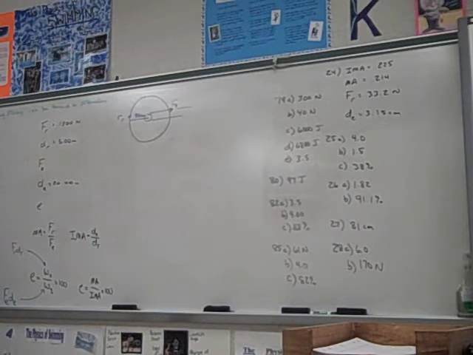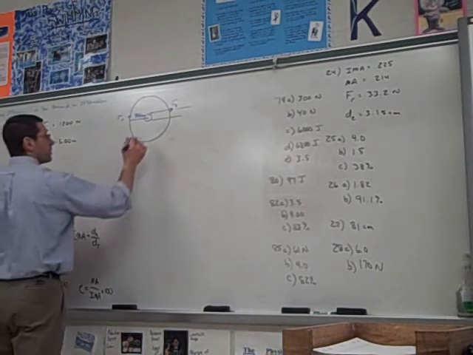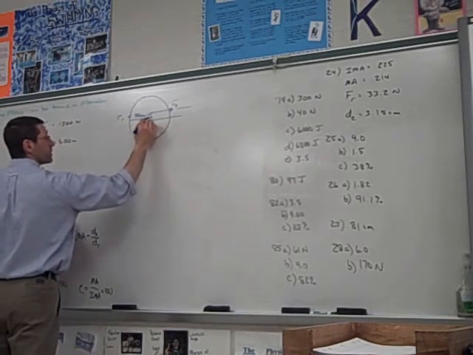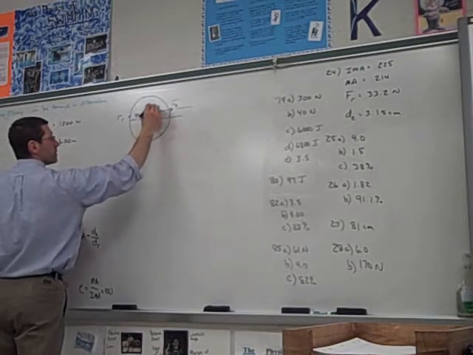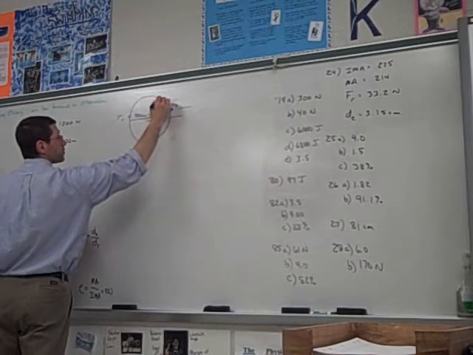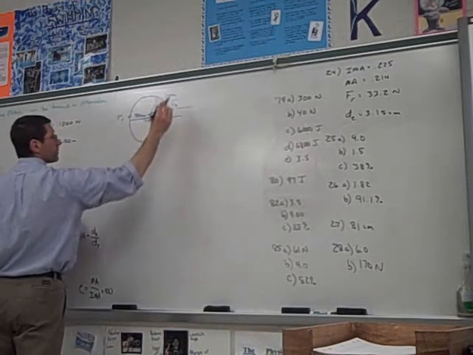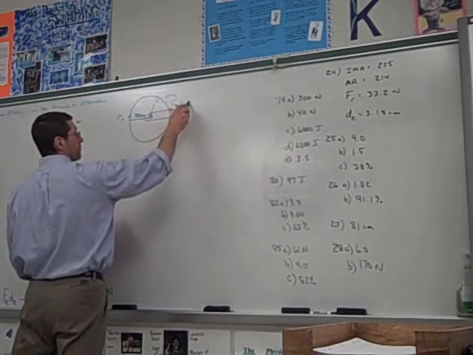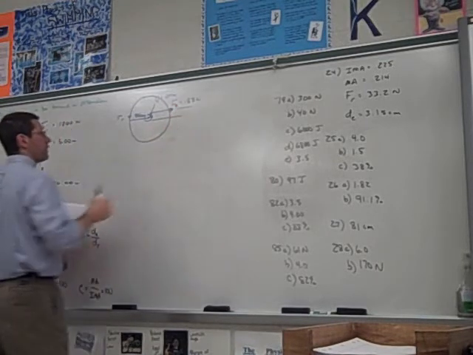It tells us that the gear has a radius of 4, so from here to here is the radius of the effort. That's 0.04 meters. It tells us that we're going to pull the chain with 155 newtons, so that's your effort force, 155.